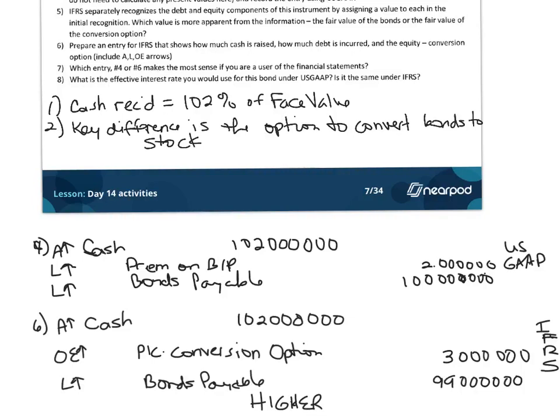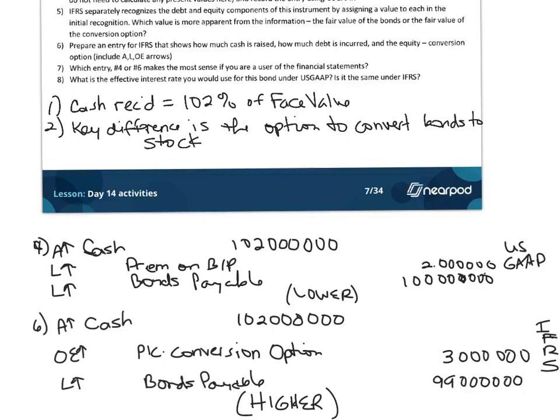Likewise, we talked about when we looked at bonds that were issued at a premium, we said if a bond is issued at a premium, that's an indicator that the market rate is lower. Okay, so there I answered that question. Is it the same under IFRS?